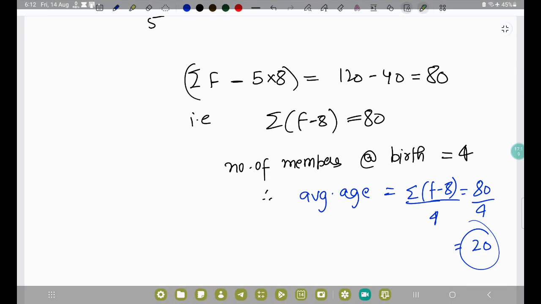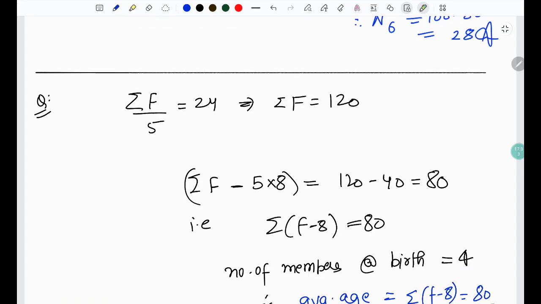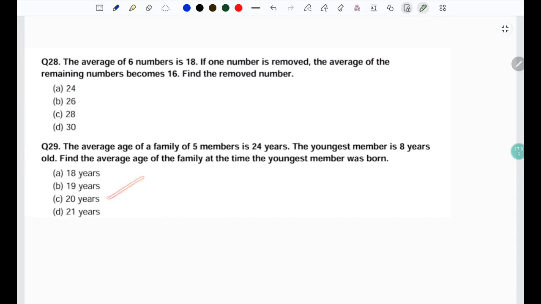Therefore the new average of the family members becomes the summation 8 years before, at the time of the birth, which is 80, divided by the new number of members, 4. The answer will be 20 years old.